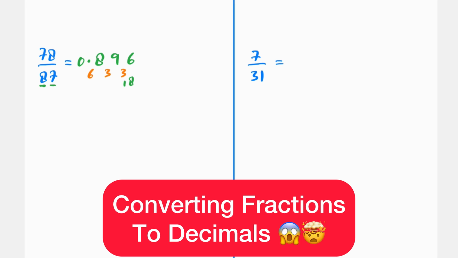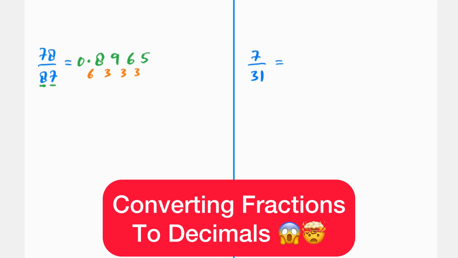We have 18 like this and this becomes 48 and the new dividend is 48. 9 times 5 is 45 and we have 3 remainder. Now 5 times 3 is 15 and 15 we have like this and this becomes 45.